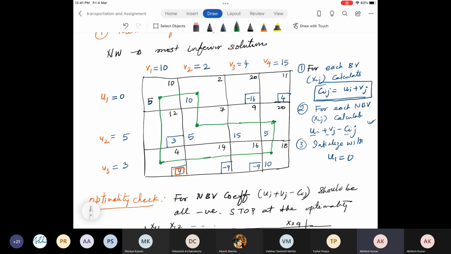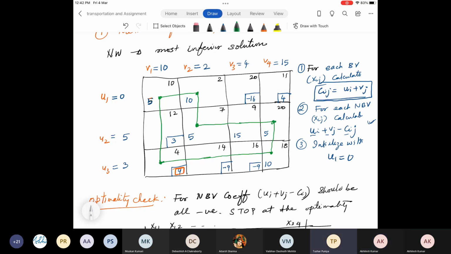Now, since x31 is entering the basis, what is the value of x31 right now in the current solution? Is this the value of x31 or is it the 0th row coefficient 9?